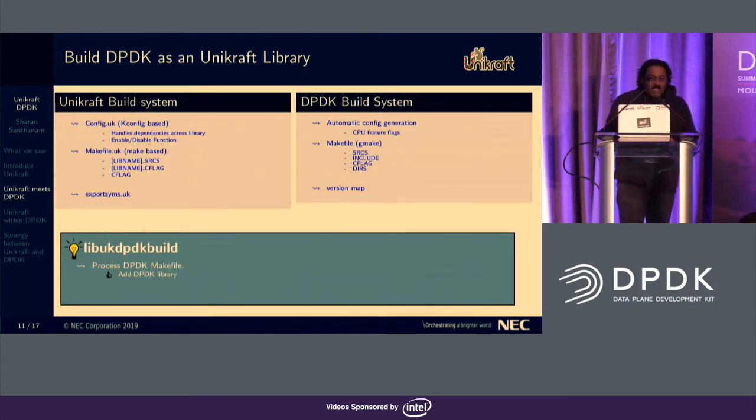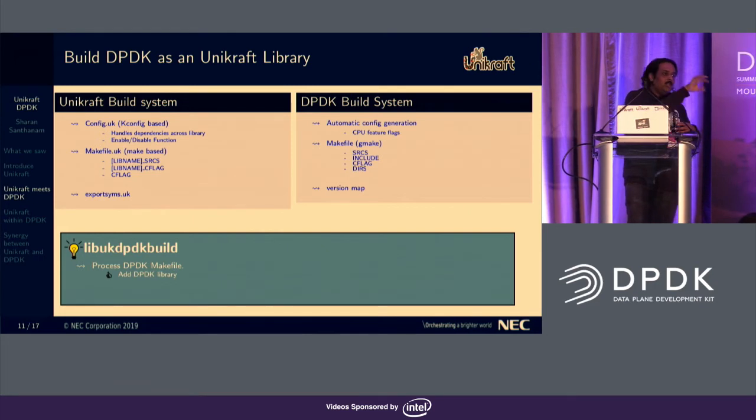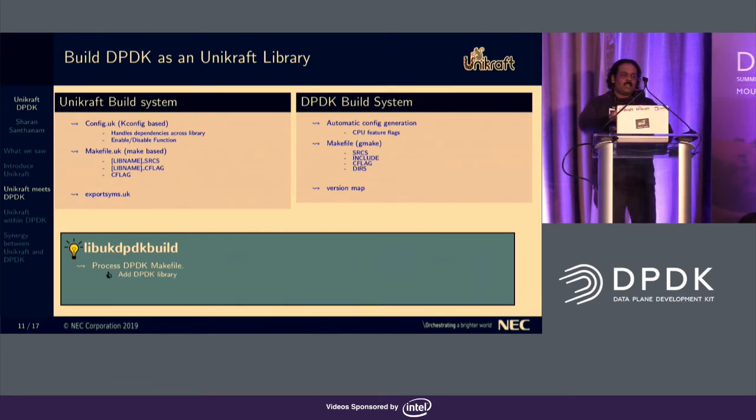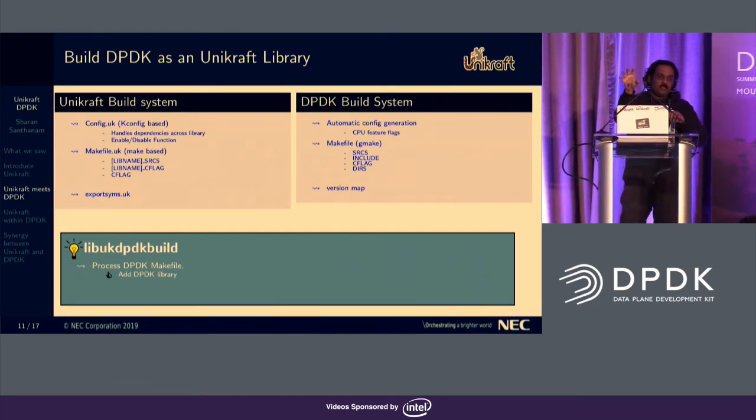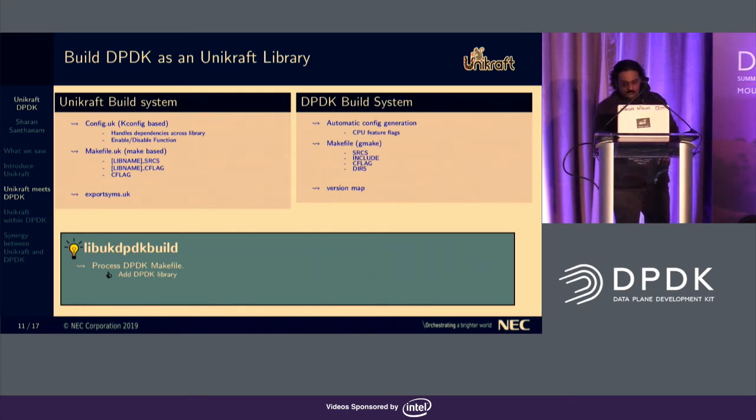From the DPDK application perspective, there is no change, because you have all these libraries always available in Unikraft, and any application which runs on DPDK can be run on Unikraft without much change. And finally, as I mentioned earlier, updating to a newer version of DPDK was quite easy. For example, we were able to go from 18.04, when we started our porting, to 19.08 without much hiccups.